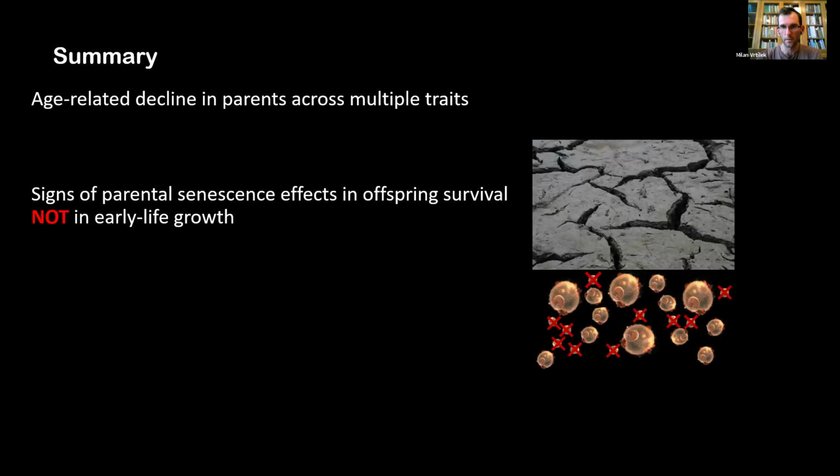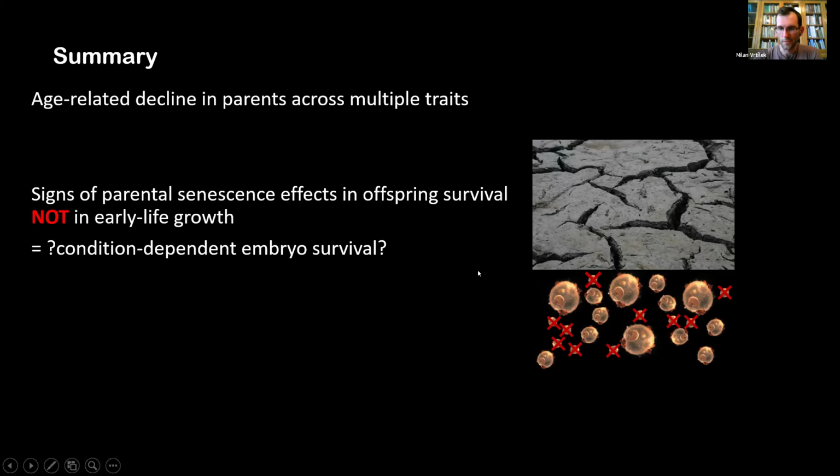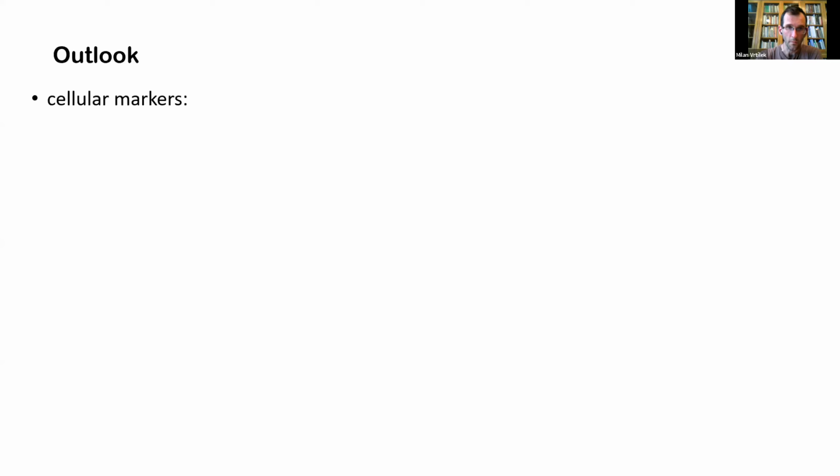So this can mean that once the embryos survive the dry period, they are basically at the same level, and it can be caused by condition-dependent embryo survival. Simply, the weaker embryos do not survive the dry period.